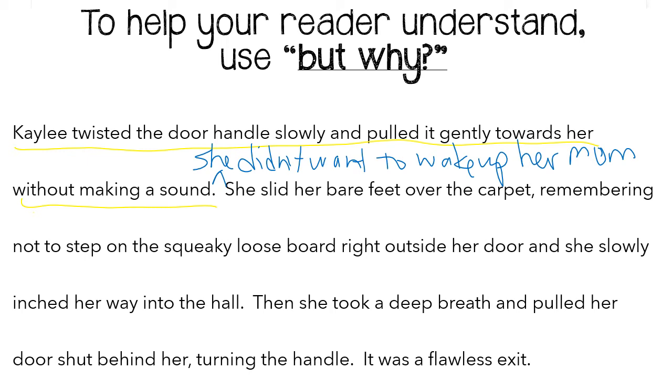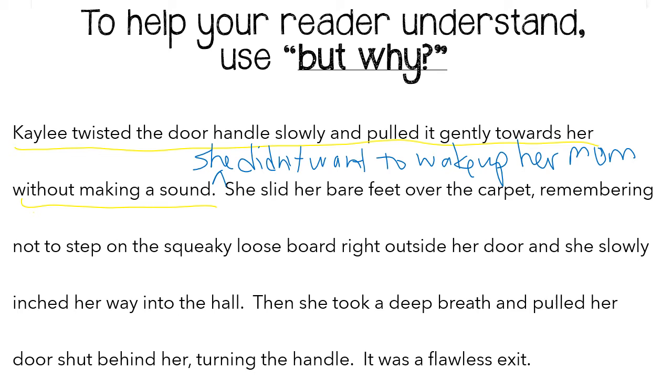She slid her bare feet over the carpet, remembering not to step on the squeaky loose board right outside her door, and she slowly inched her way into the hall. But why? Because she doesn't want to wake up her mom. Okay, I already explained that, so I'm going to keep going. That one doesn't need a new but why, because my last one explains it.